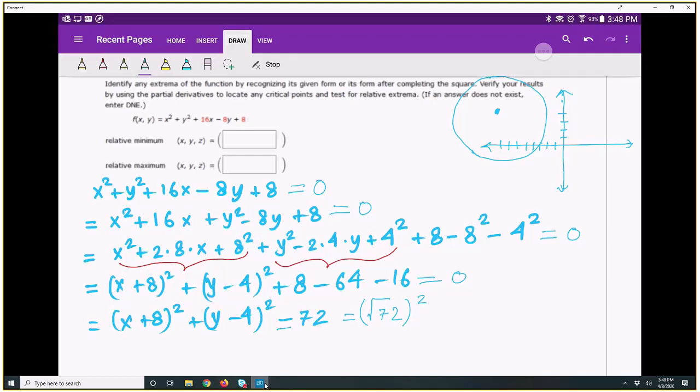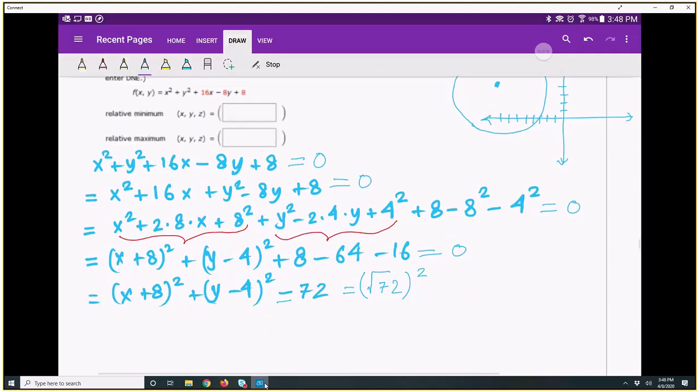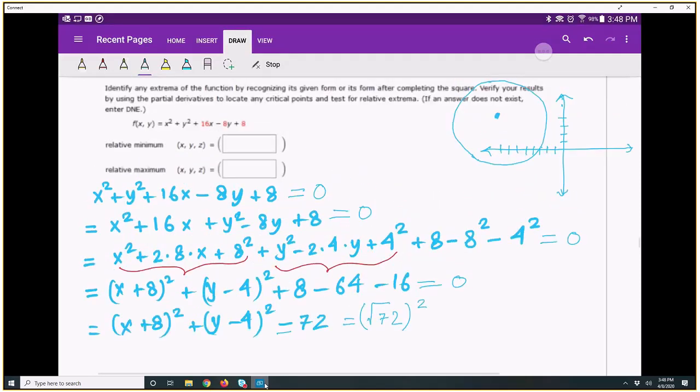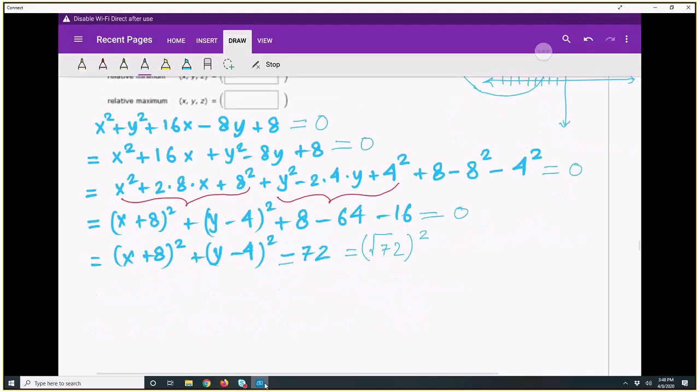The way we are going to understand this maximum and minimum is by changing our equality to an inequality. If it is equal, I get a circle. But I am trying to talk about the maximality and minimality in terms of understanding the extremum. So change equality to inequality.